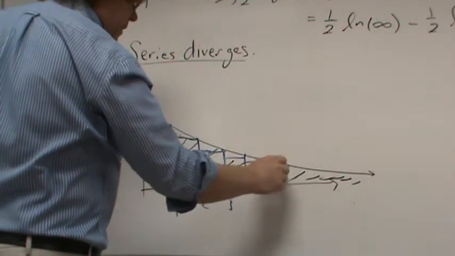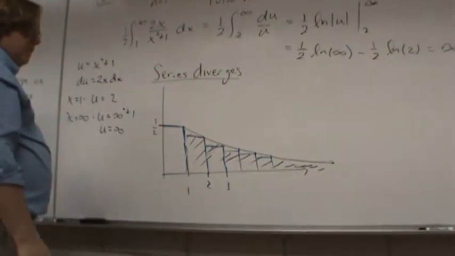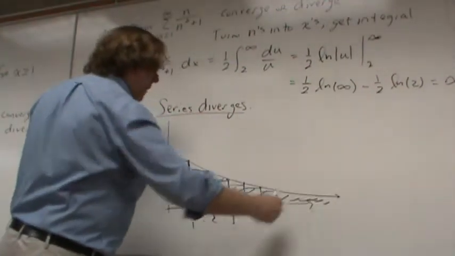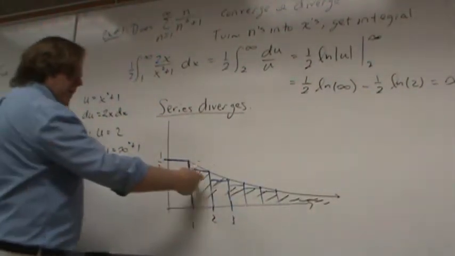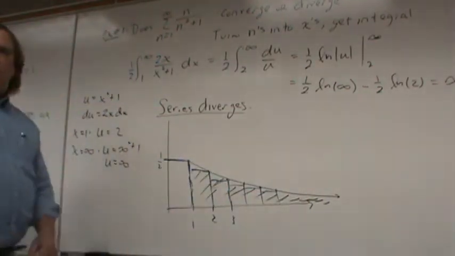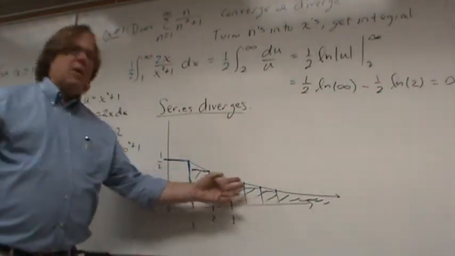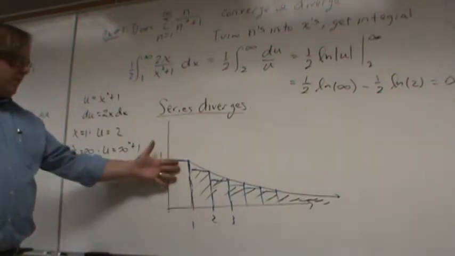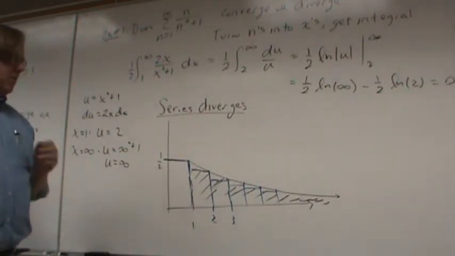So do you see that if this integral converges, then the sum of these terms has to converge as well, because these terms are below the integral, except for this first one, but it's going to be finite also.